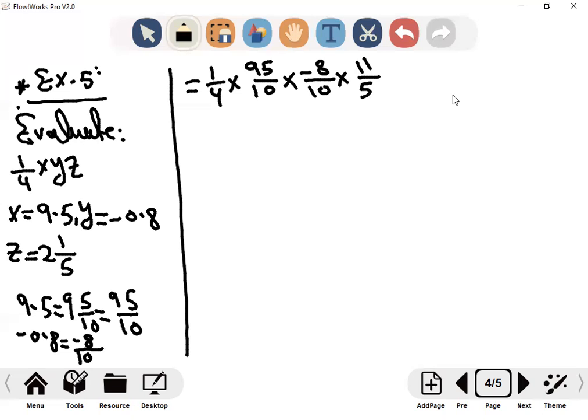The answer will be, all of it together, negative 4 and 9 over 50, which is negative 4.18. All of it. Okay? Done? Done.